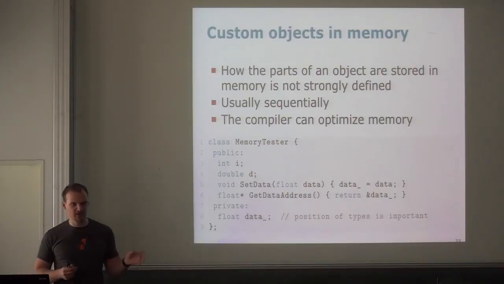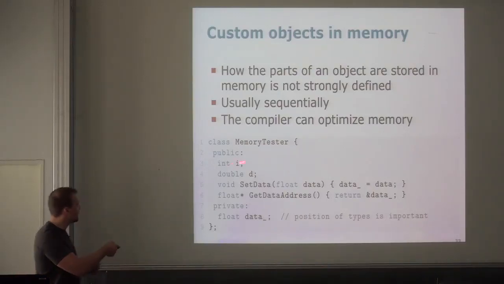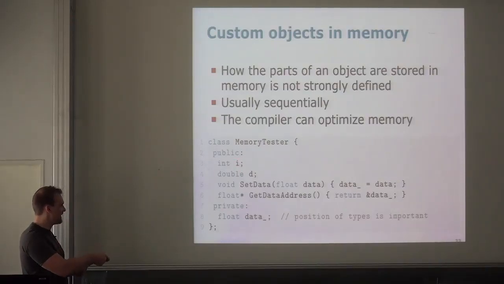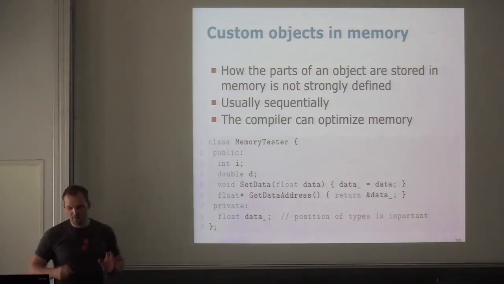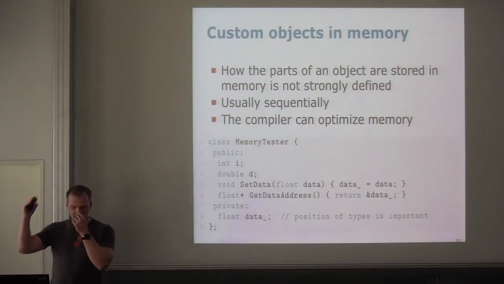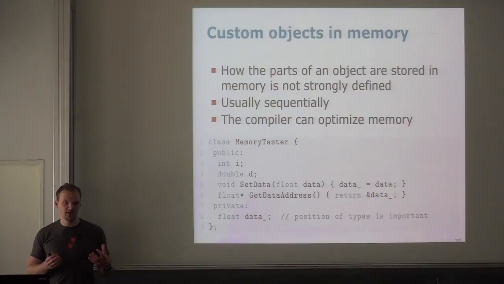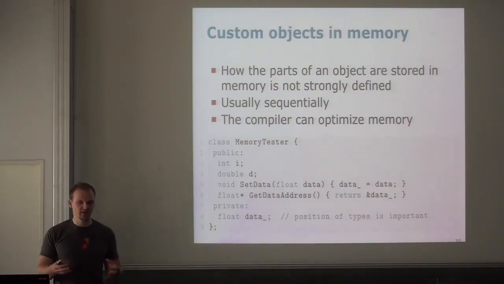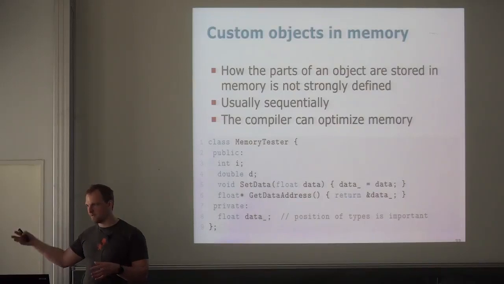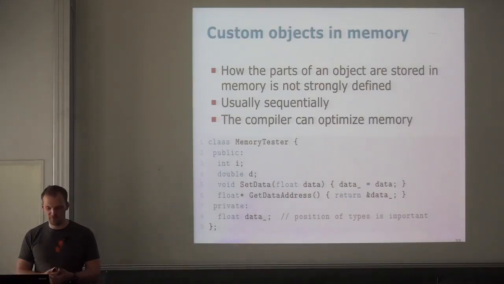Usually they're stored sequentially. So usually if you have an integer here, a double here, and another float over here, they will be stored sequentially in the memory. Functions are not stored in memory. They are just some executable code that will be generated for you, but they are not stored in memory.